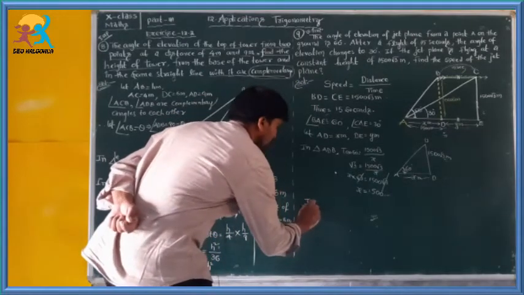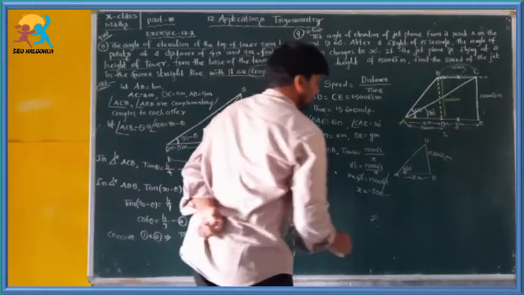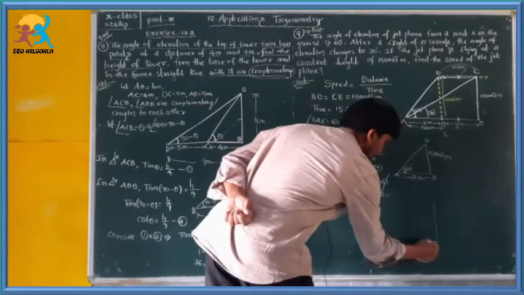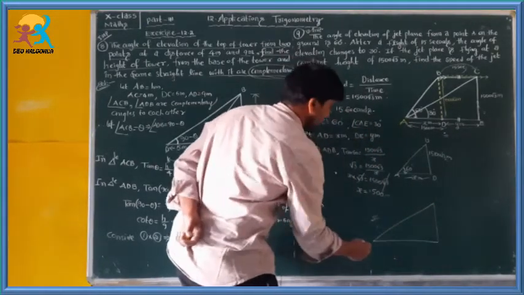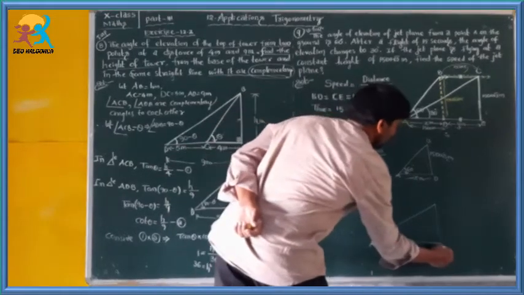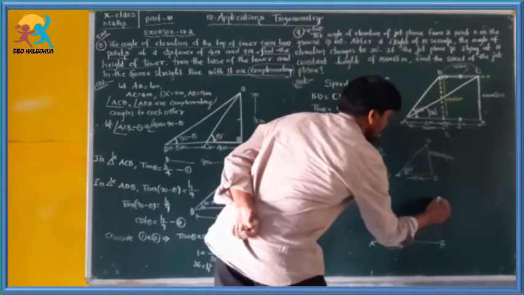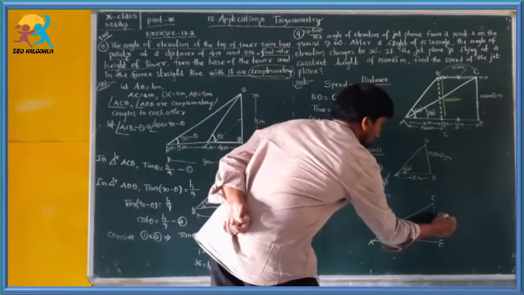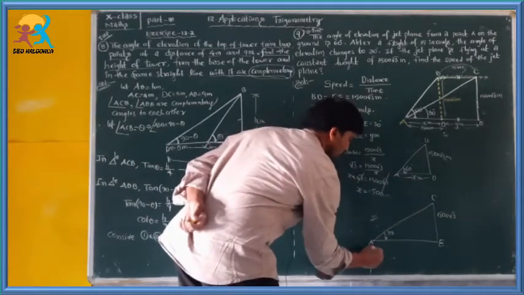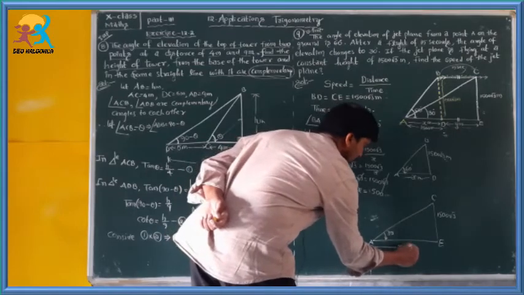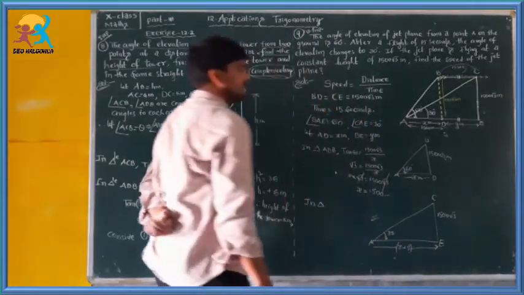Now consider the triangle, I am again drawing the triangle, that is A, E, C. This is the constant height 1500 root 3, the angle of elevation is 30 degrees, and this is x plus y actually. This is x plus y.